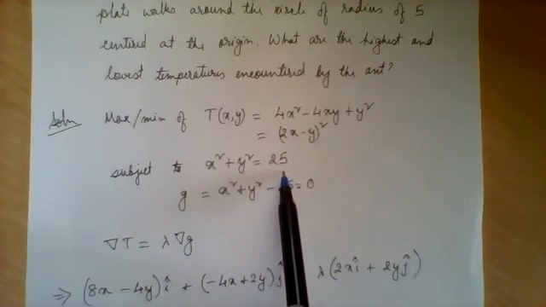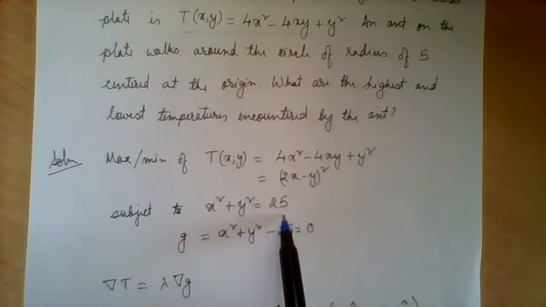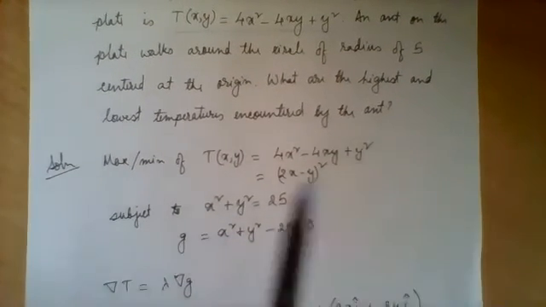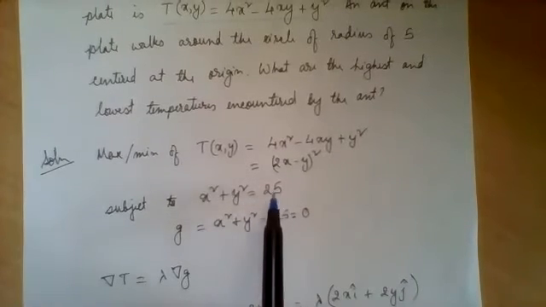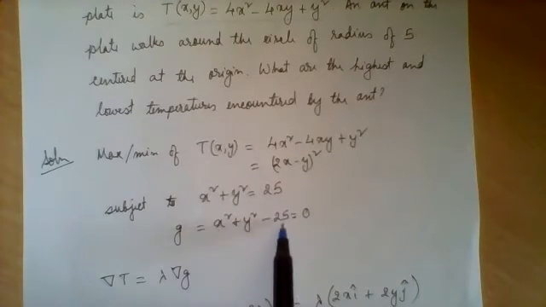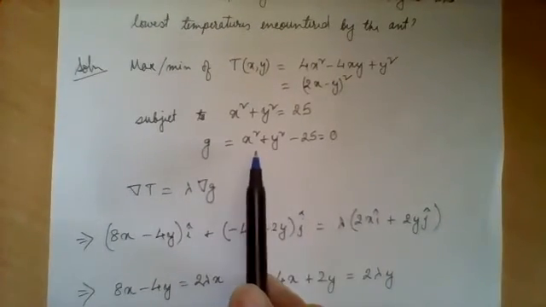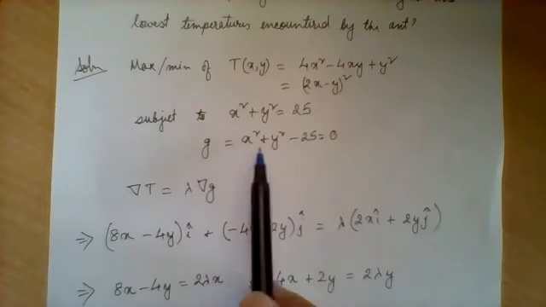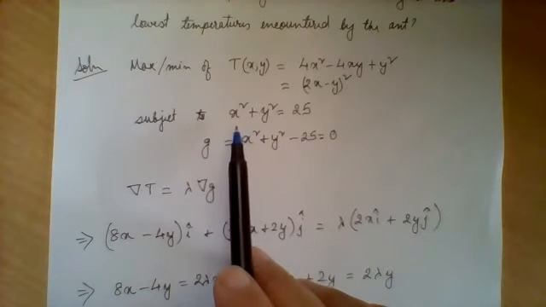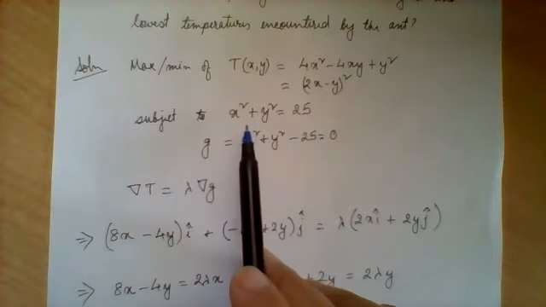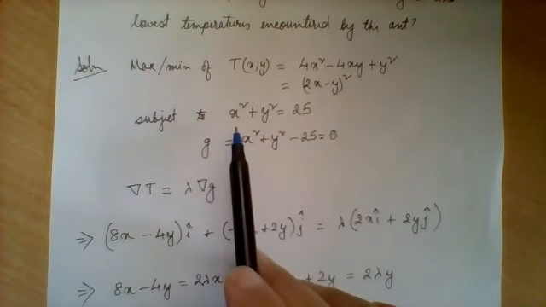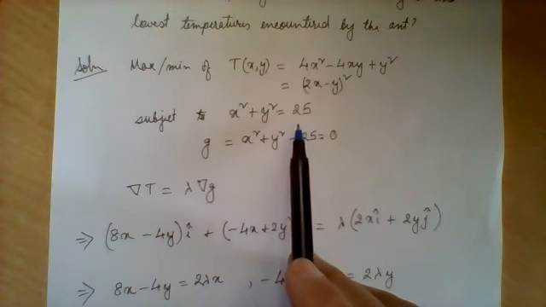So this is the equation of a circle centered at the origin with radius 5 units. We bring the 25 to the left hand side, write this expression as g and equate it to 0. This is the constraint equation because the ant is moving along this curve.